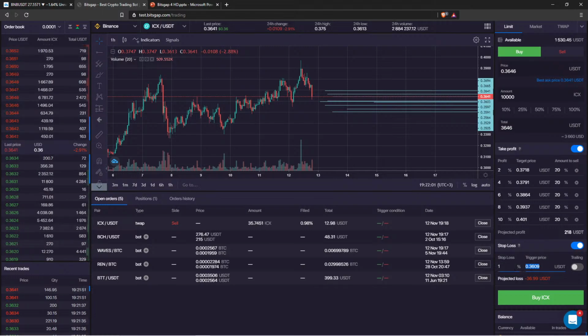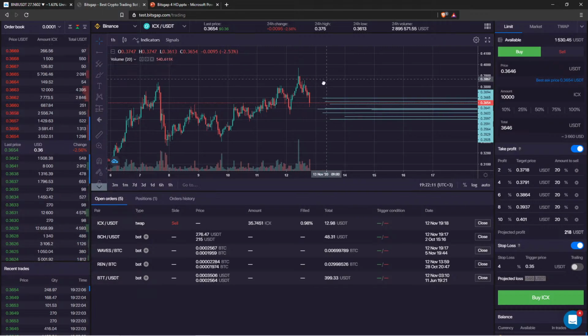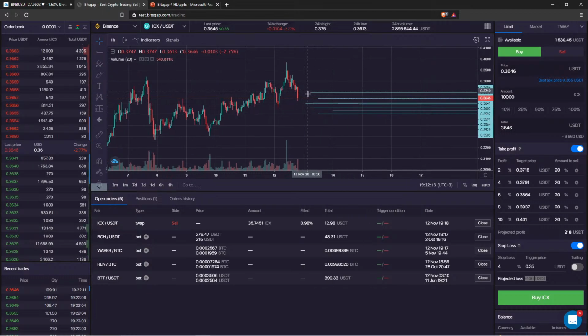So let's say you have it below the open price by 4%. In this case, if the price, instead of rising, falls down to 4%, then here is where your stop loss will be initiated. And before actually executing this trade, you can see the exact potential loss that you will get if your stop loss is triggered.